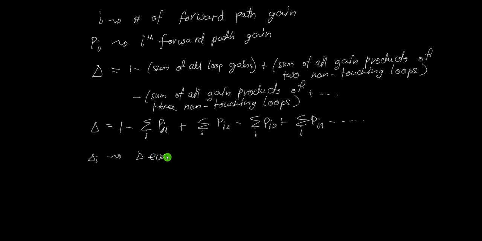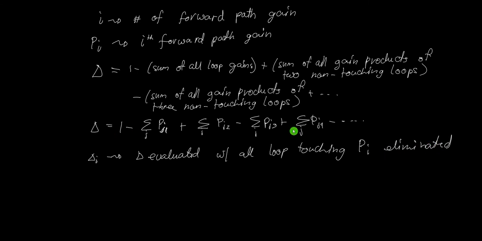It is delta evaluated with all loops touching the forward path eliminated.